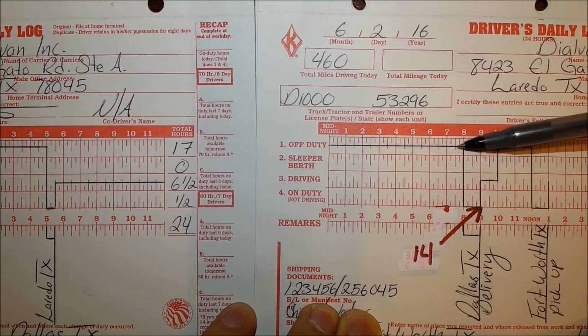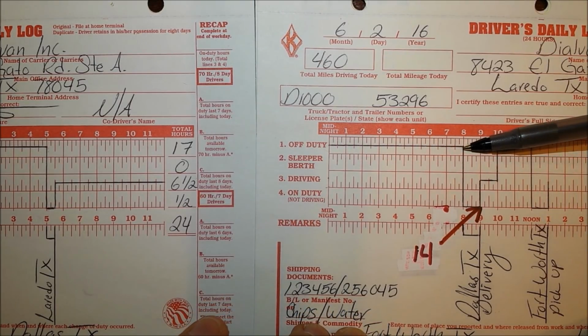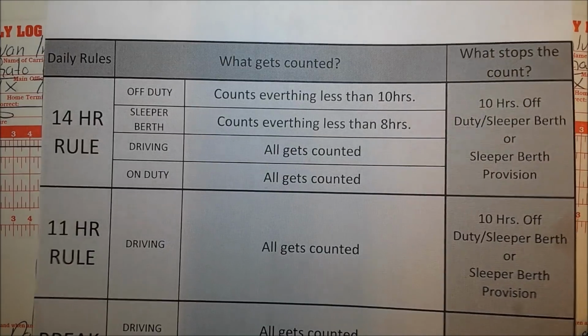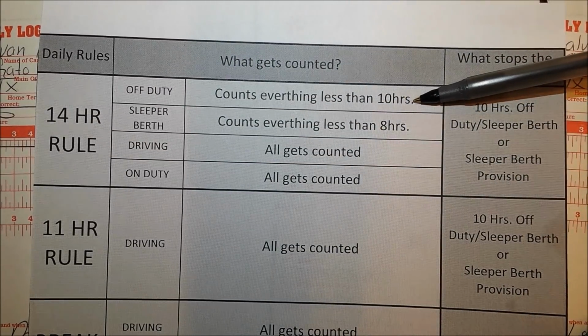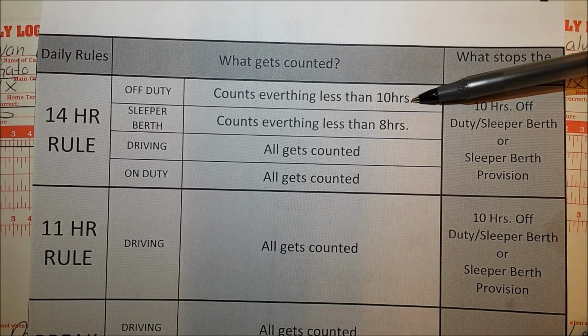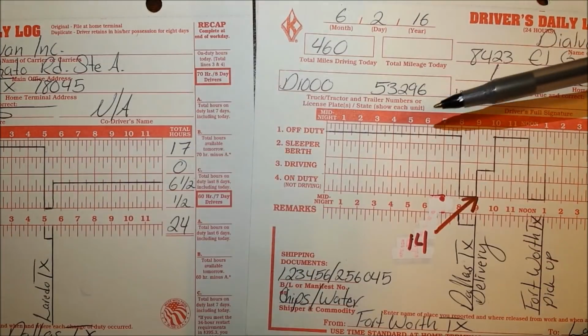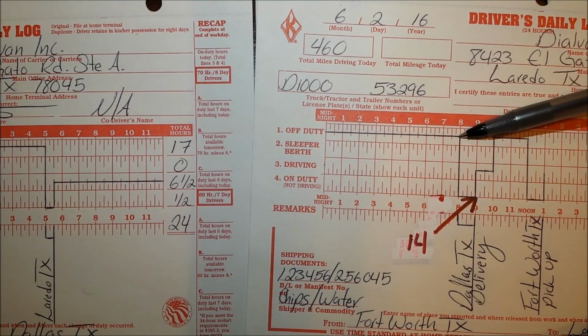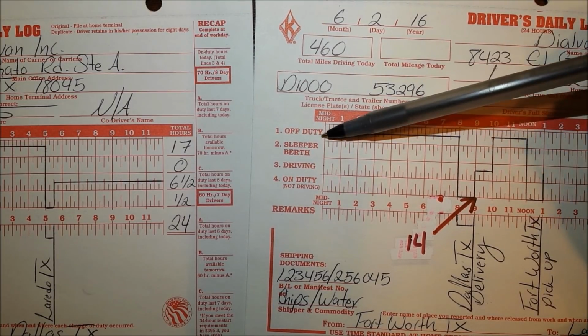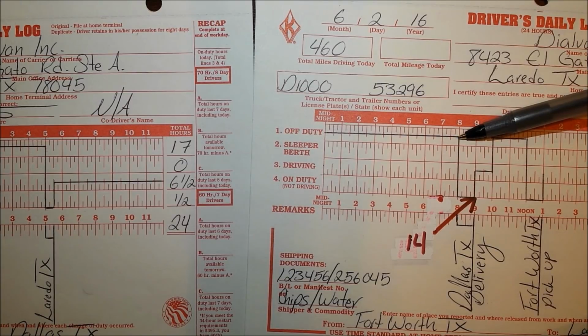What about from 12 to 8? We have 8 hours here off duty. Now, if we look at our chart, it says here that the 14-hour duty considers everything that's less than 10 hours in the off duty as work. So here we see that these 8 hours are less than 10 hours in off duty. Therefore, it is taken as work.